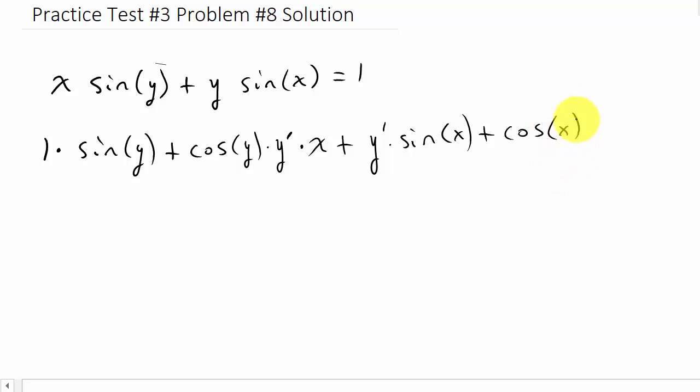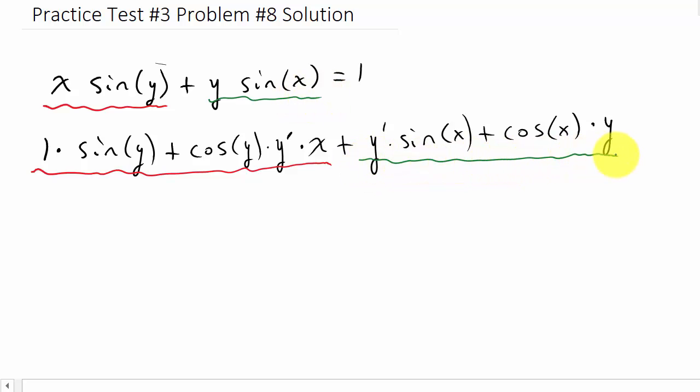And since we're in terms of x, it's just cosine x times the first function. Alright, so let's underline this a little bit. That's the derivative of the first part, and this is the derivative of the second part. Product rule on each of them. And then that equals, and the derivative of 1 is 0.